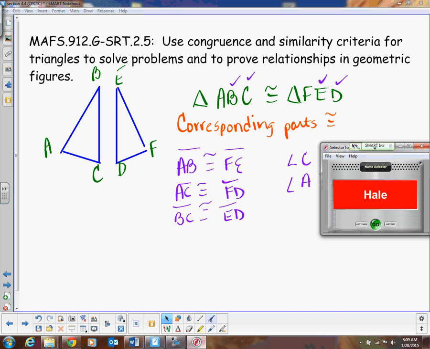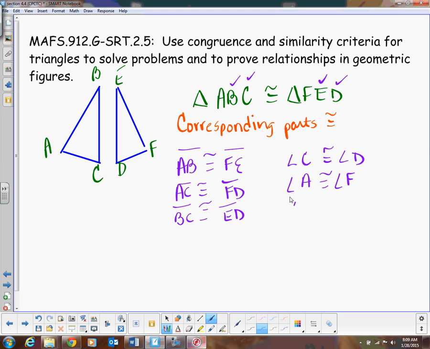That goes to Hale. Angle B is congruent. All right. Any questions there? Okay, it is this understanding that if, big if, you have congruent figures, then you will have congruent parts. You with me?